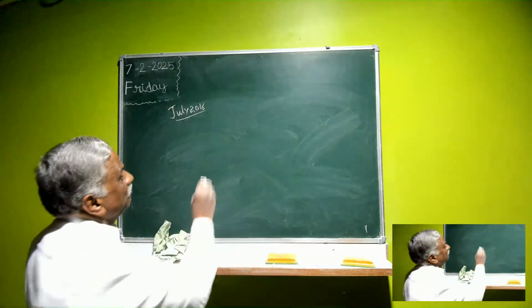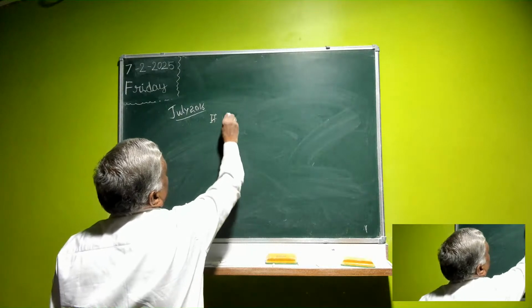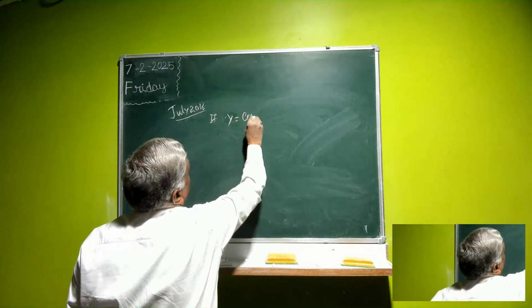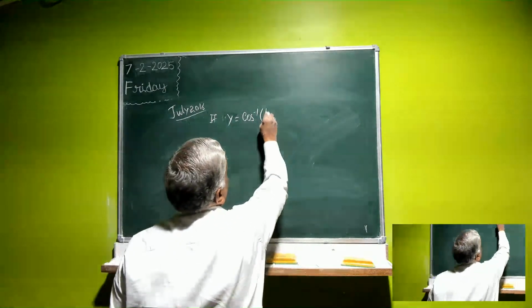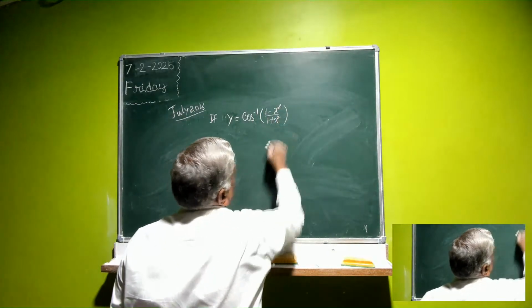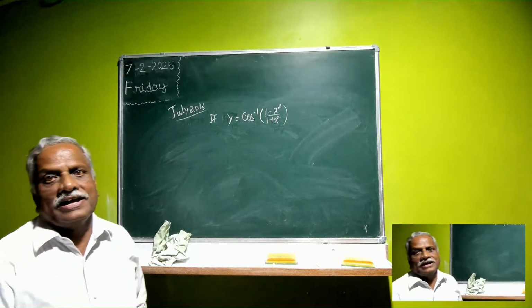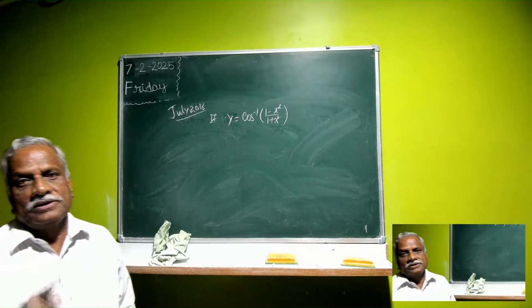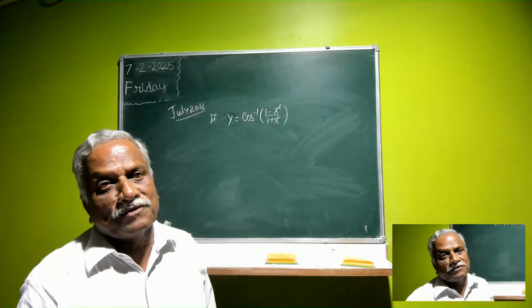The problem is, if y is equal to cos inverse of 1 minus x square over 1 plus x square, find dy by dx. Yesterday I introduced the special problems of implicit inverse trigonometric function.